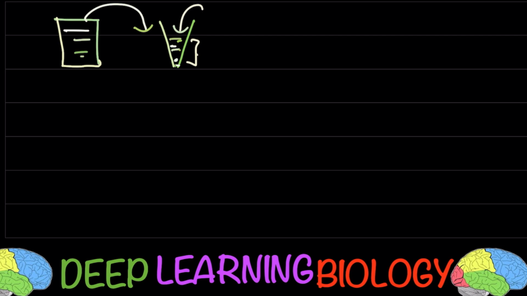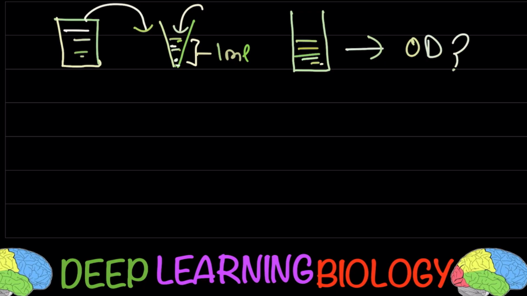Most of the time we are going to make the final volume 1 ml, and using this 1 ml sample we use a quartz cuvette. Then we see the value of absorbance within the spectrophotometer. So what is the OD value?